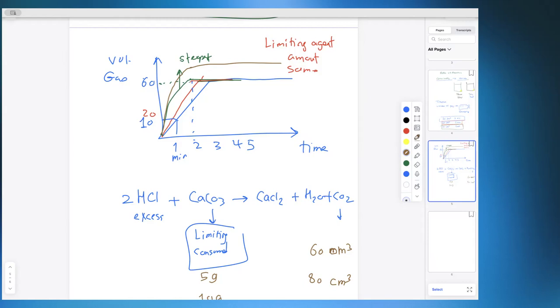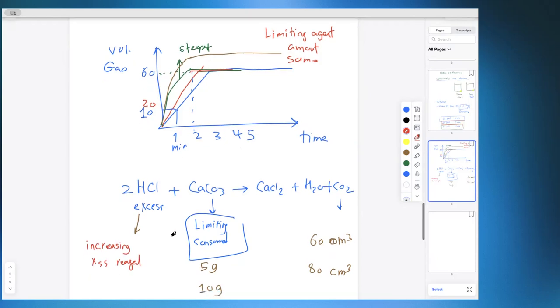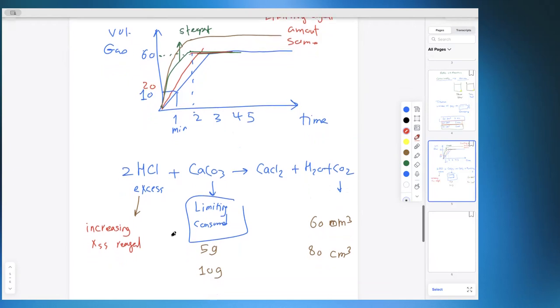Okay, what if I increase the amount of the HCl? Is there any increase in the volume or no? Increasing the excess reagent, does the curve become higher or is it still the same? The curve does not become higher. So increasing the excess reagent does not cause the curve to be higher. Why?